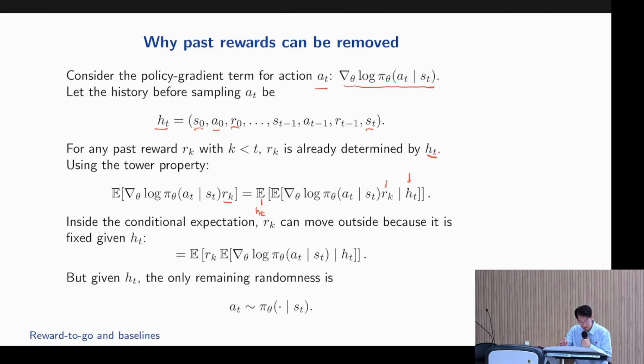So inside the conditional expectation, this can move outside because it's fixed given HT. So let's take this outside the inner expectation. But given HT, the randomness is the action.